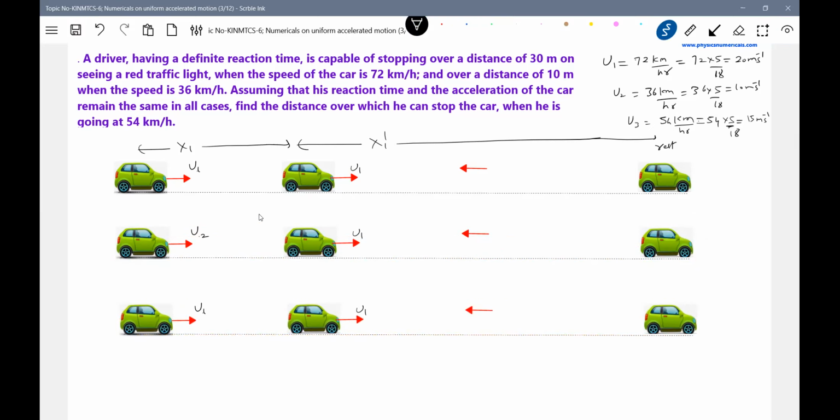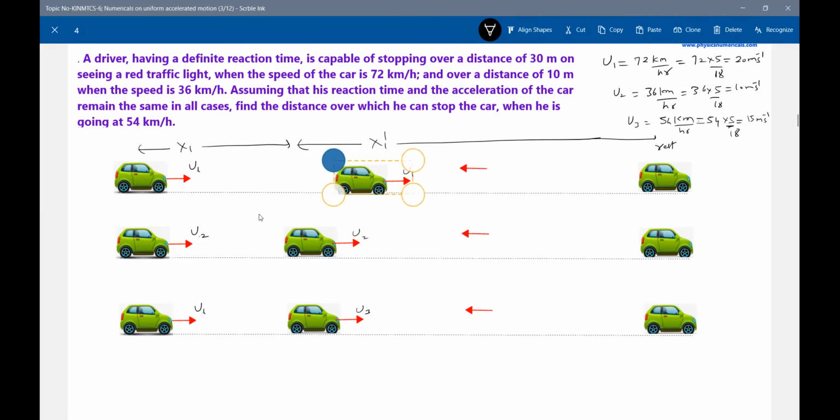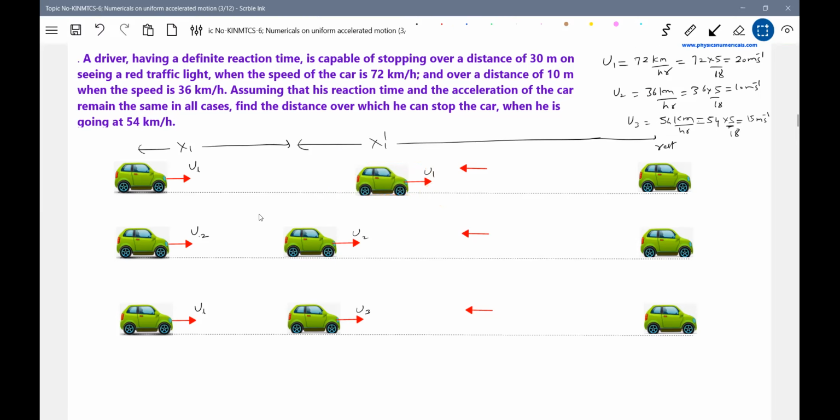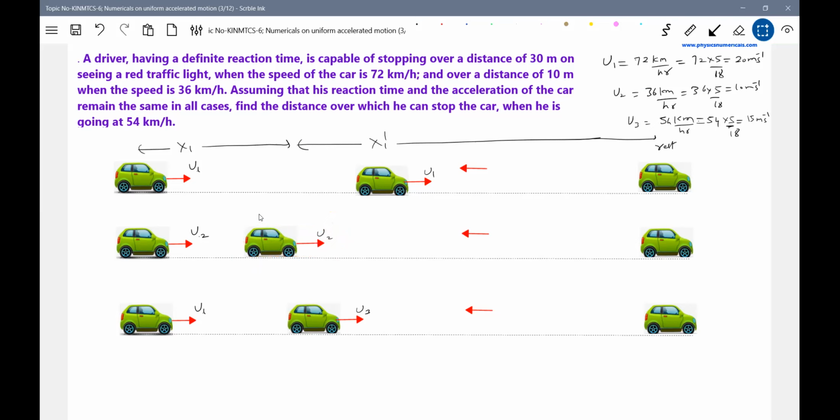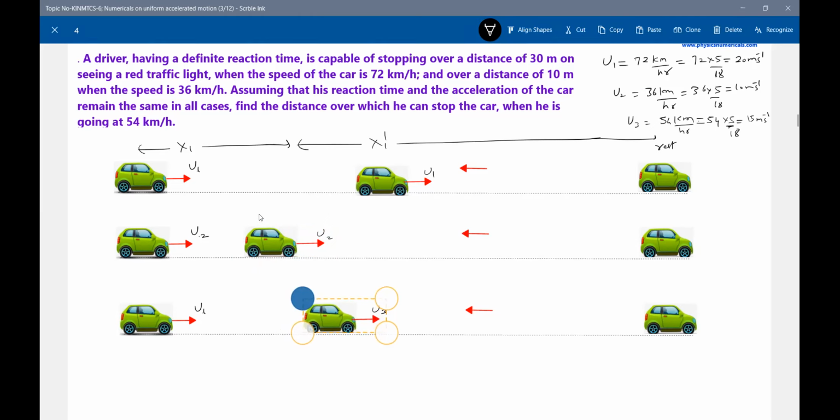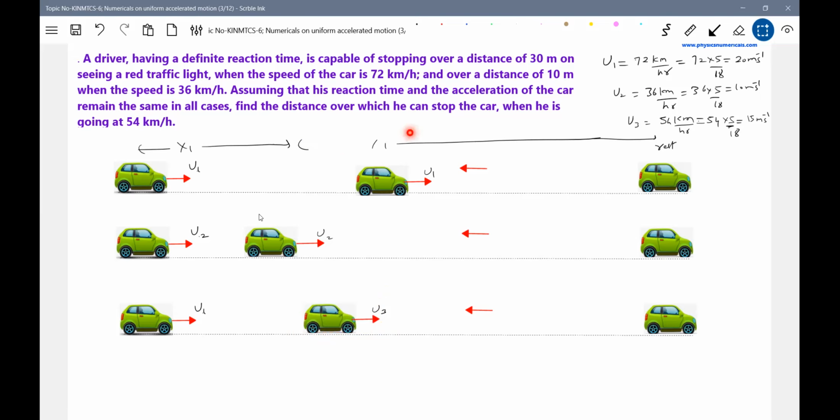So when it is moving with a speed U2, it will cover 72 km per hour. Let me adjust all the things according to the data.